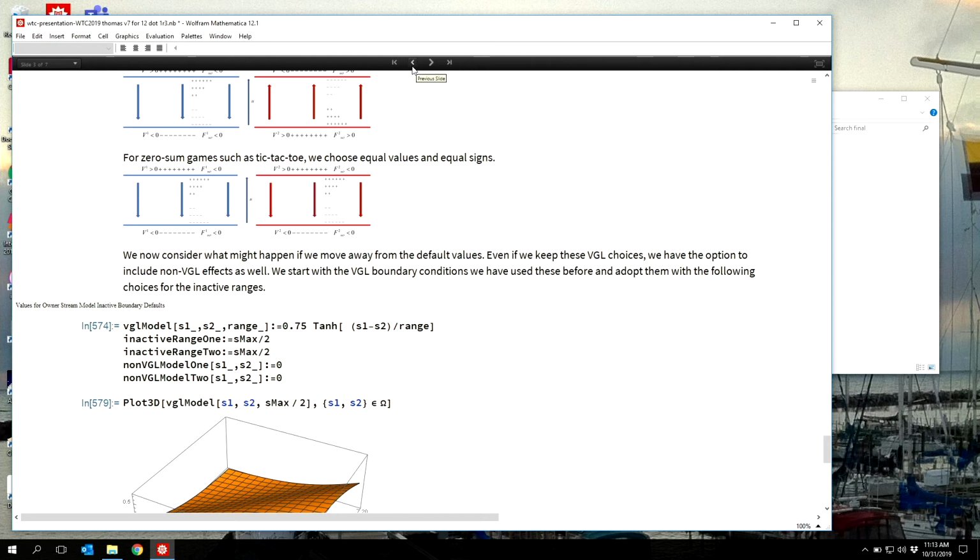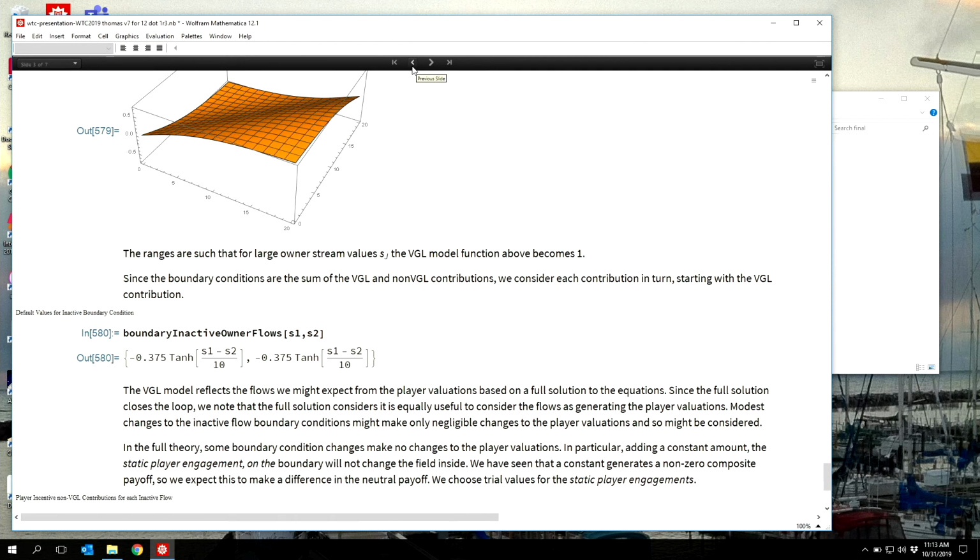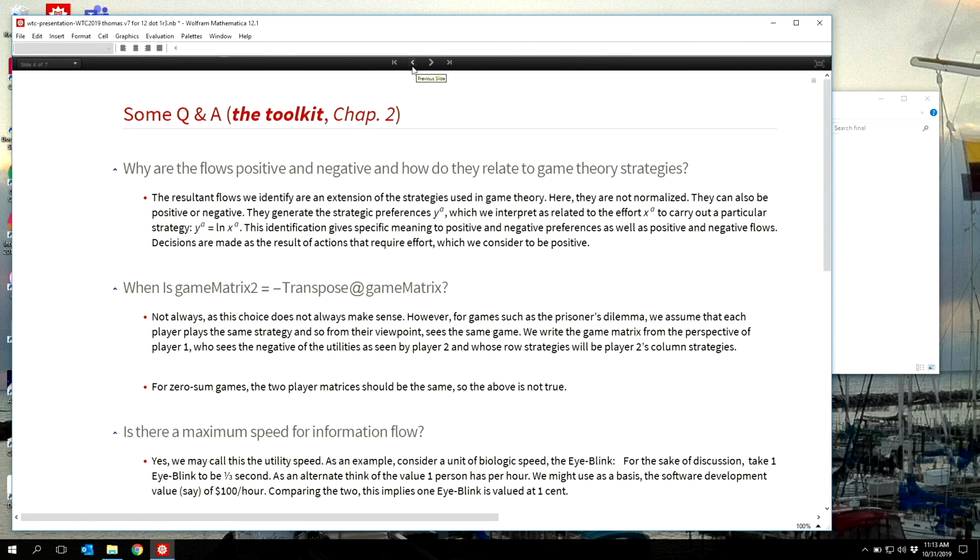And even if I'm talking about things that are stationary, I still have to consider those effects as part of the boundary conditions. So I will introduce them to some boundary conditions and some possible choices that they might make. And then there are a number of other questions that you have to deal with as a dynamic theory, which you don't have to deal with in traditional game theory.